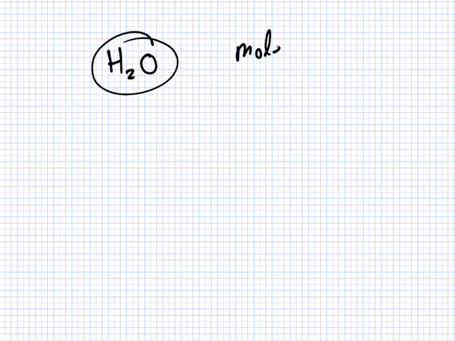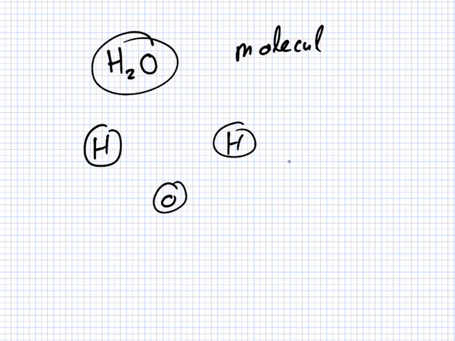Okay, so we take something like H2O. What's this called, H2O? Yes, but just in general, when you have this, it's a molecule. Please be careful with the words here. We have a molecule, and then of course we have these by themselves, they're the atoms.